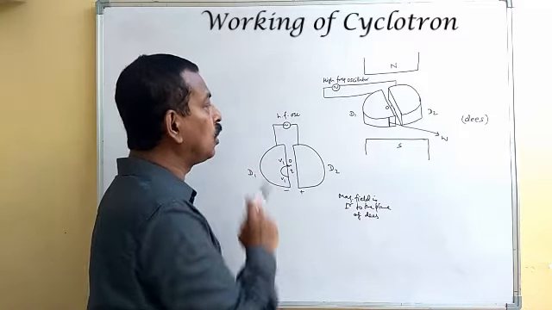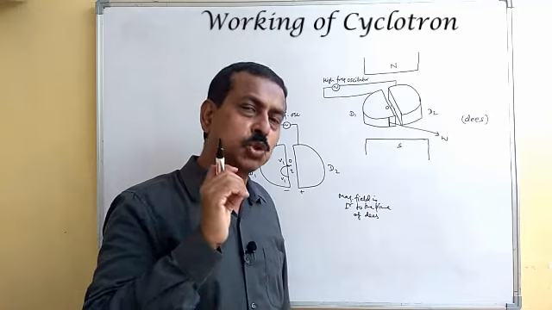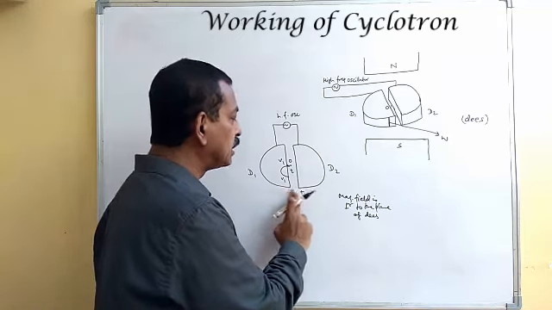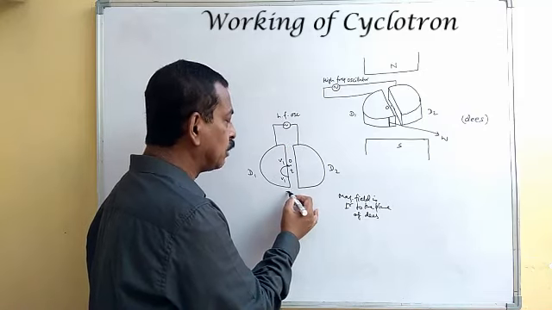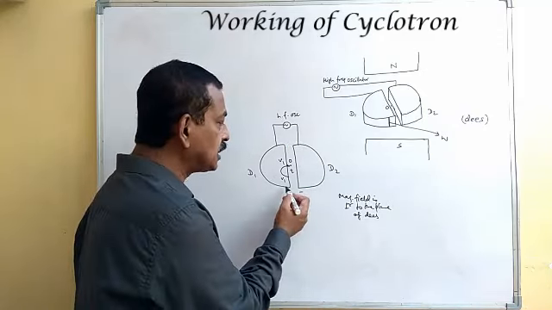The polarity, or the frequency of the oscillator, is so taken that by the time it comes out of it, the polarity gets changed. Now this is positive, this is negative. So that in this gap, again this charge will get accelerated.